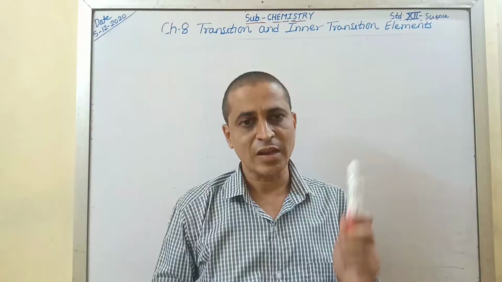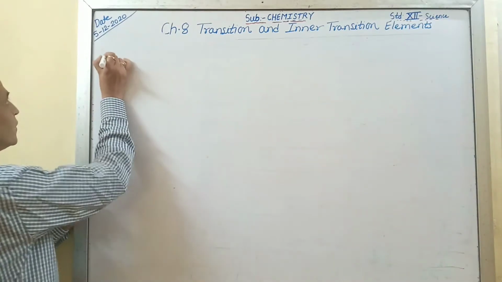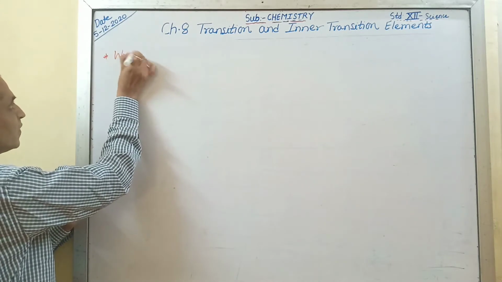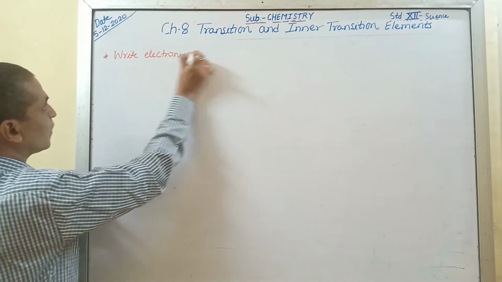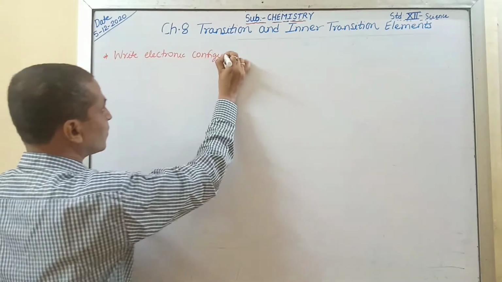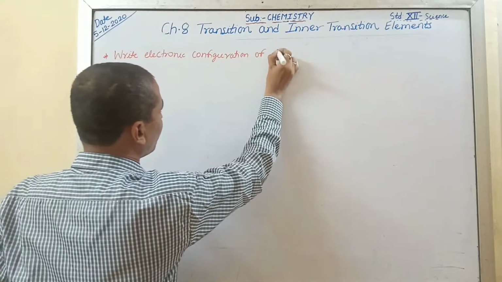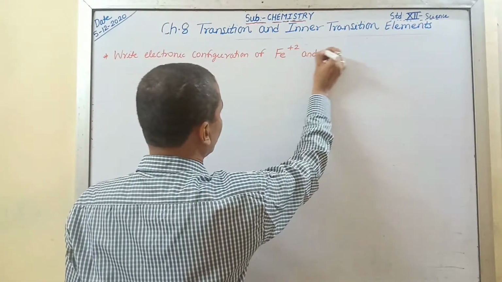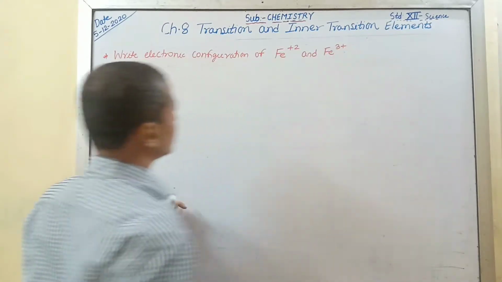I hope you understood the elements in the ionic form. I have one question. Write the electronic configuration of Fe2+ and Fe3+. This is my first question.